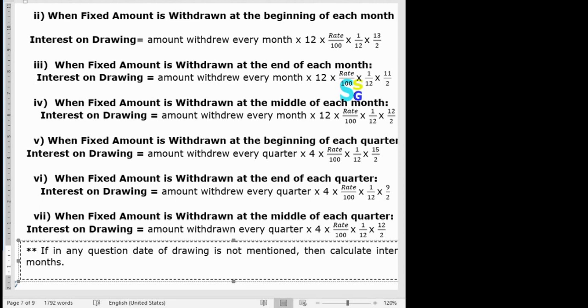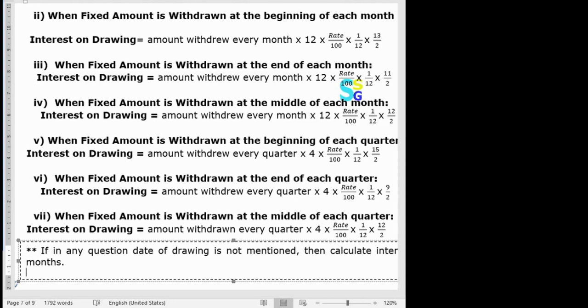Now, when that person withdraws the amount on 1st January, think about the simple method we did. We tried to calculate for how many months the person has to pay interest on that particular amount. Suppose you have withdrawn 1000 rupees on 1st January, you have to give interest for January also, because you withdrew on the 1st January.